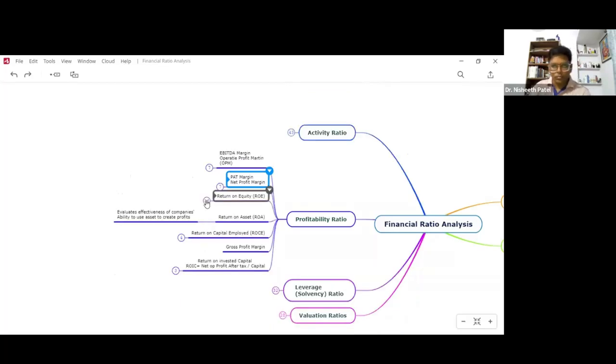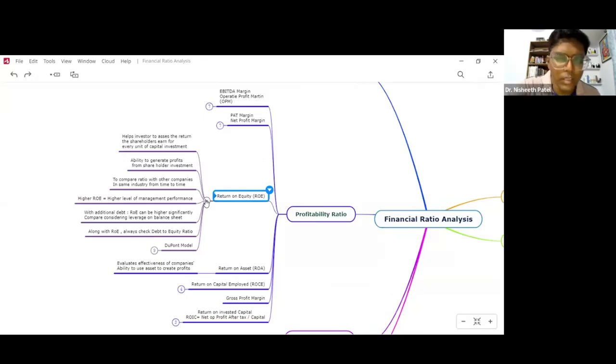Now this is the most important metric in the financials, that is the return on equity. It shows how much money you are getting on the equity.